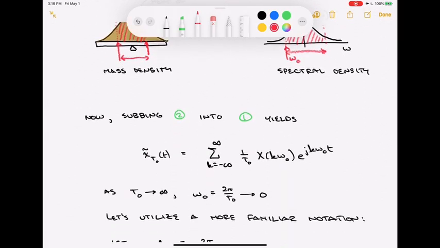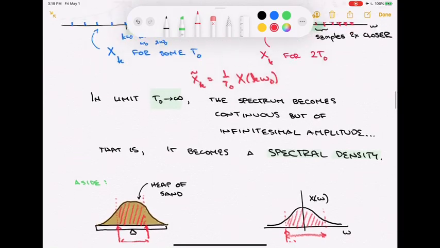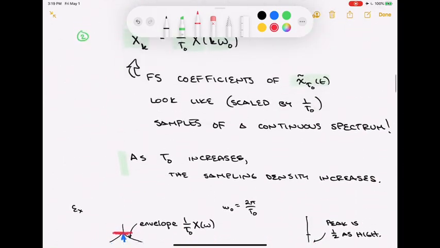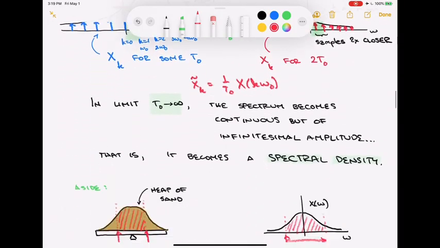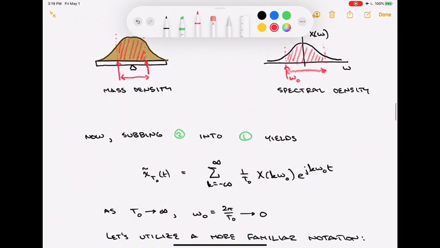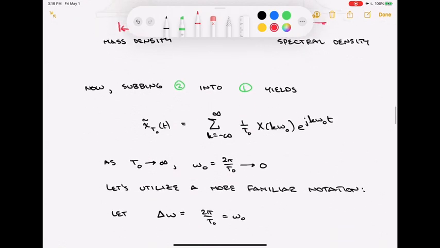Okay, so if I take my equation 2, the relationship between my Fourier series coefficients x tilde of k and the underlying continuous distribution x of omega, and plug it into equation 1, my original Fourier series synthesis equation, what I get is the following.